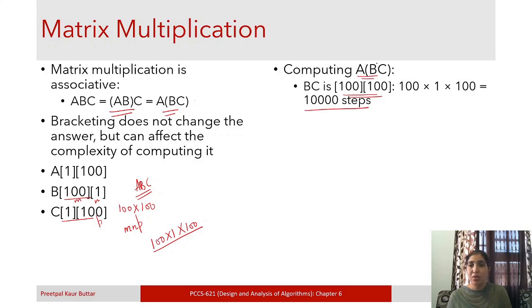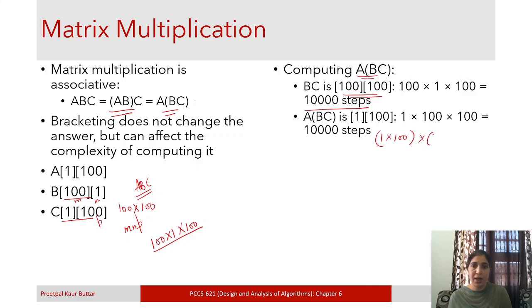Okay, so now we have computed this. Next we will multiply A with this. A is 1 cross 100 and this matrix is 100 cross 100, right? So both are compatible.